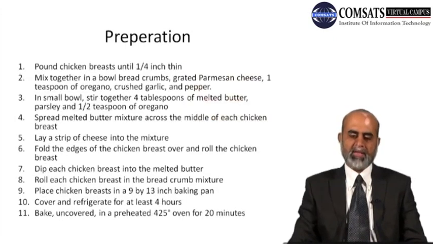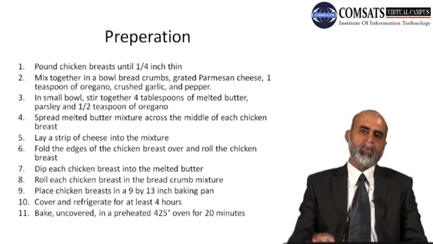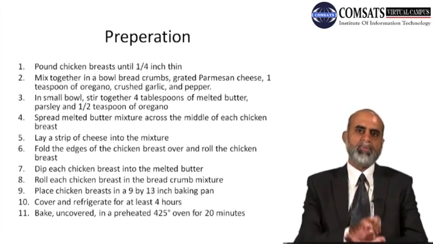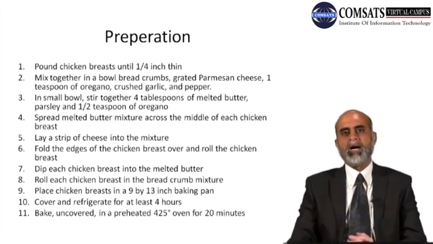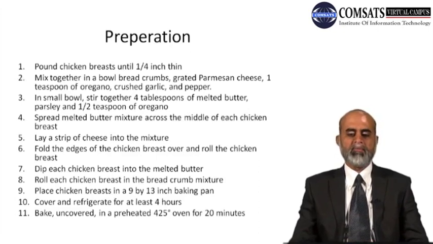Okay, so these are the ingredients that are required for chicken Kiev, and here we have the preparation or method. So what do you do? You pound chicken breasts until 1/4 inch thin. Pound means hit them hard repeatedly with force. So you have a kind of a hammer and you pound it with a hard object repeatedly until the chicken becomes 1/4 inch thin.